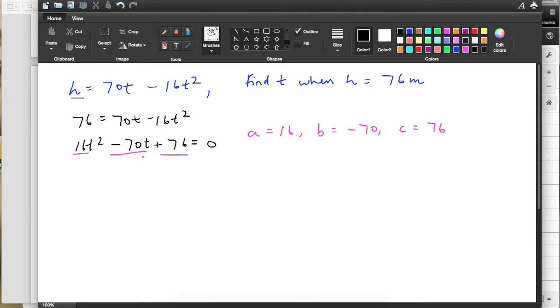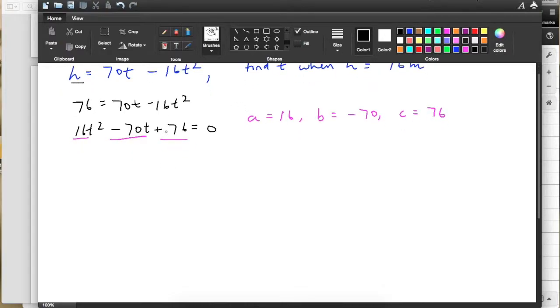And now it's just as simple as putting those numbers into the quadratic equation. So again, rewrite the quadratic equation. You'll probably use this so often that you don't even have to go to any extra effort to memorize it. Okay, there it is. Let's rewrite it, plugging those numbers in.